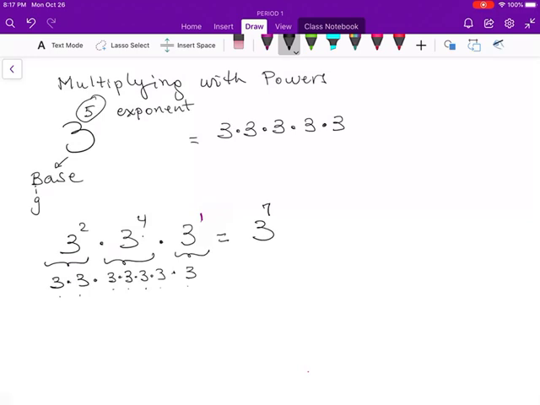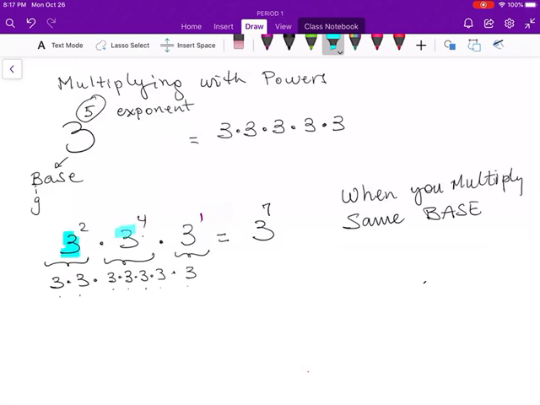So for multiplication, we're going to write here to the side. When you multiply same bases, in this case the base is 3, see, this base is the same as this one and the same as this one. So when you multiply same bases, what do we do with the base? We're going to keep the base, and what do we do with the exponents?